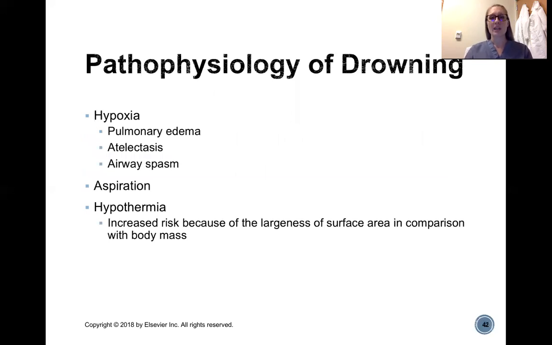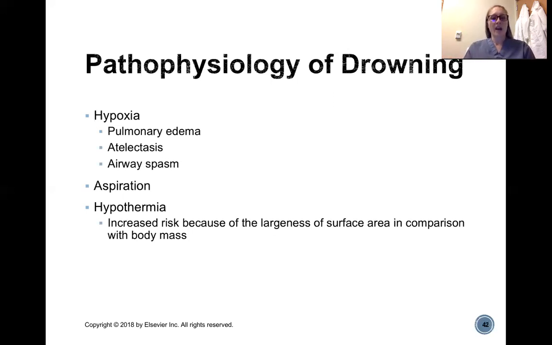Our brain can survive for about 4 to 6 minutes without oxygen, without any sort of dysfunction, whereas the heart and lungs can last 30 minutes. So you can see why there's drowning and near drowning, because near drowning is going to end with significant cerebral dysfunction. However, the heart and lungs, it won't cause death.